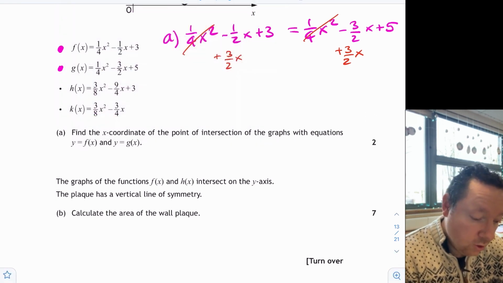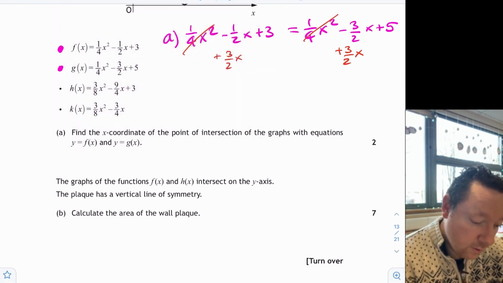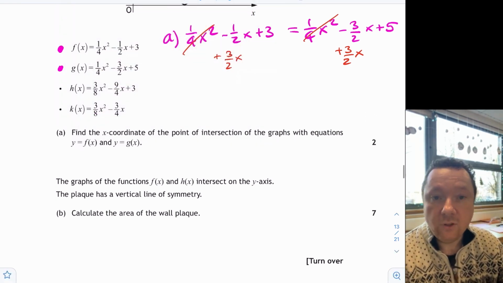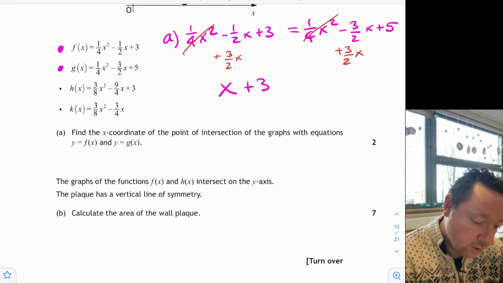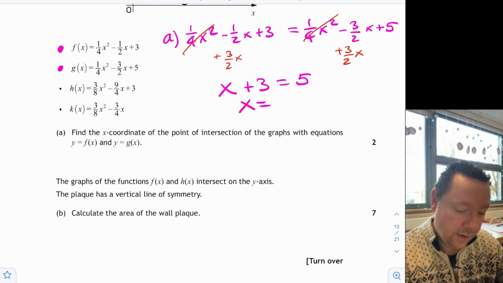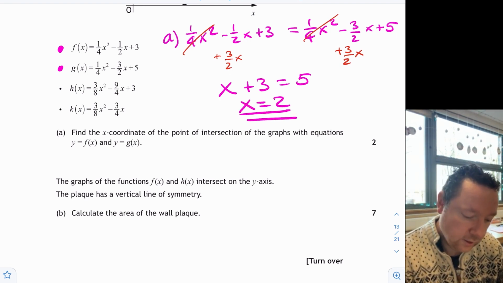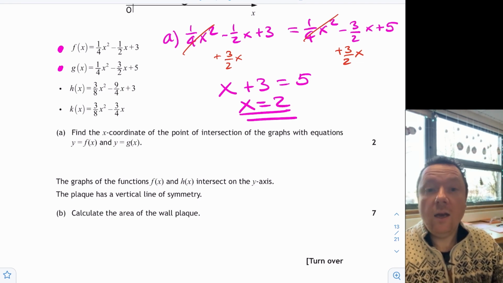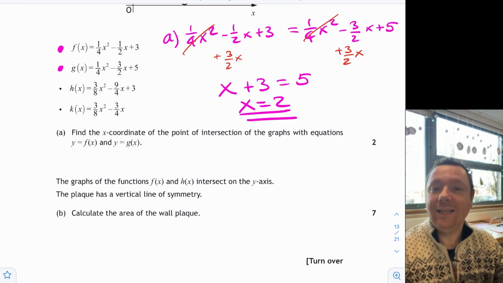Let's do it in stages. 3 halves take away 1 half is 2 halves, which is 1. So that just gives us x on this side plus 3 equals 5. Then we can solve that to find x. Take away 3, so x equals 2, unlikely as it seems, is our answer.